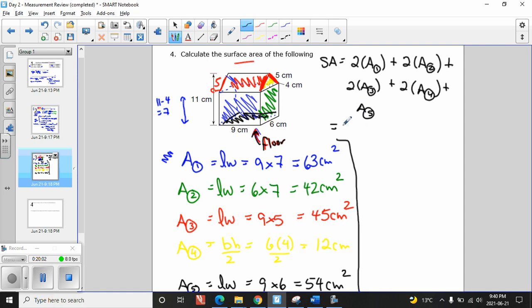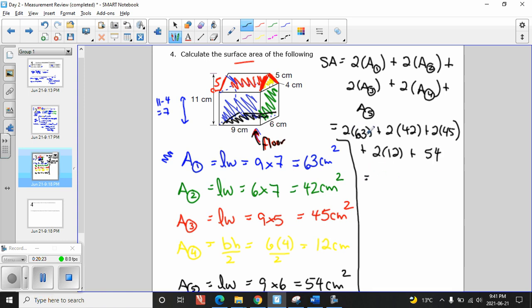All right, so 2 times 63 and 2 times 42 and 2 times 45 and 2 times 12, and then the floor, there's only one of those.